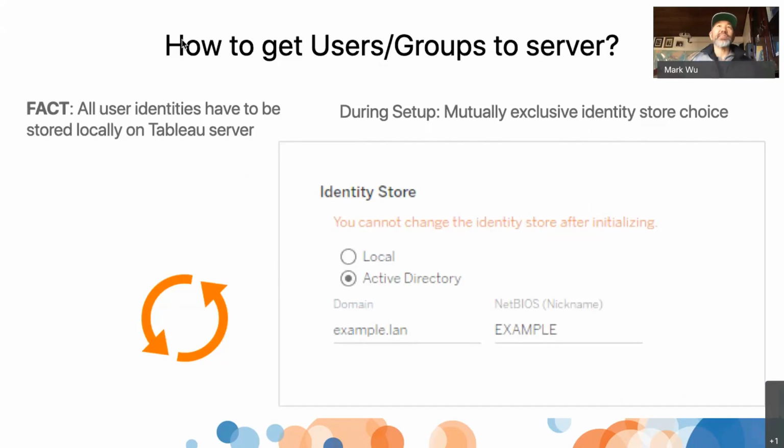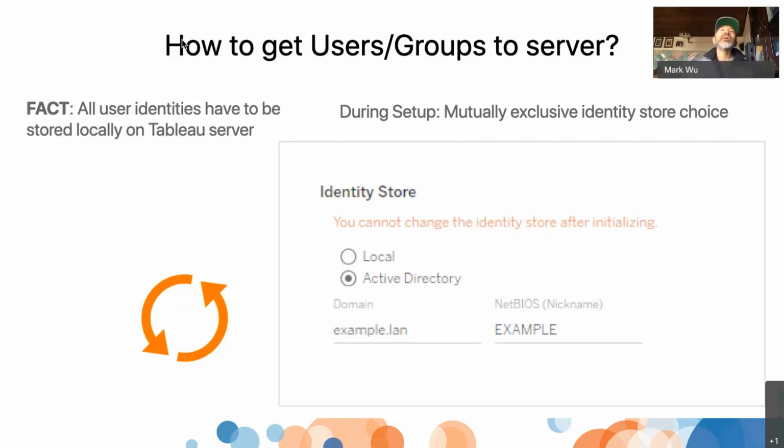Going back to the basics, this is Tableau Server Admin 101. There are a couple of questions in the community recently asking about user sync to the server, so I'm going to start with basic stuff. The fact is that all user identities have to be stored locally on Tableau Server, no matter how your server is configured.